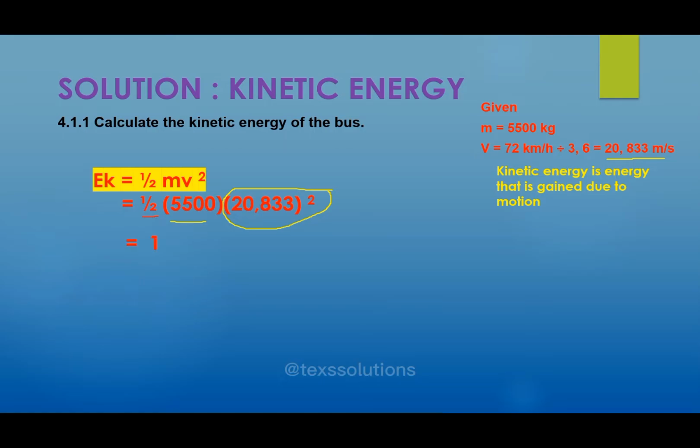When I put this into my calculator, I will now find that the kinetic energy of the bus when the velocity is 20.833 meters per second is going to be 1,193,538.195 joules.